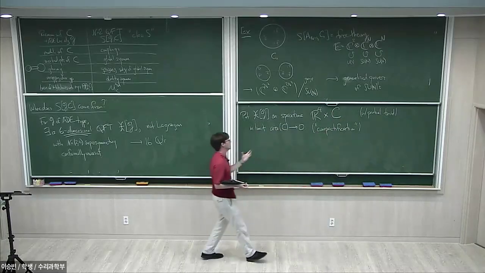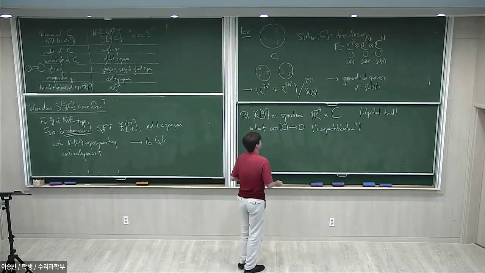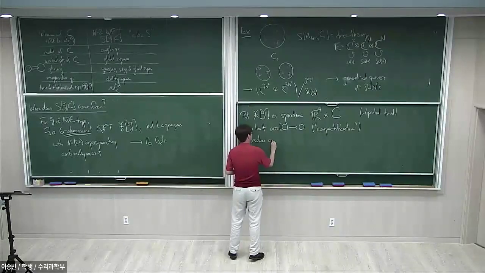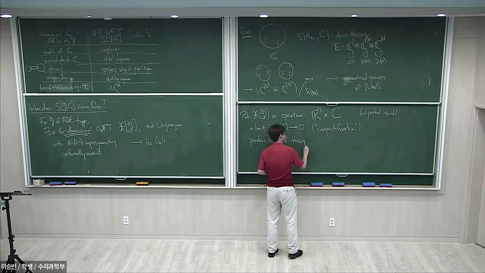Now we take the limit as the area of this curve approaches 0. And in that limit, we produce a field theory, an N equals 2 theory in R4.